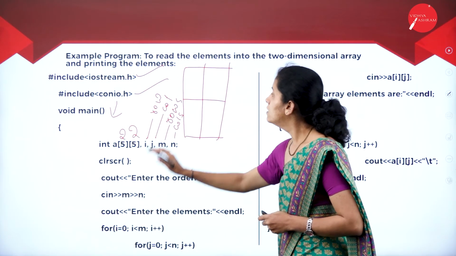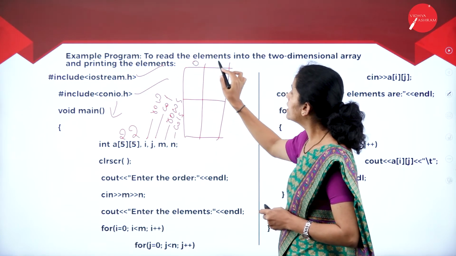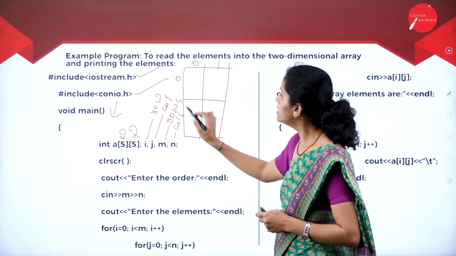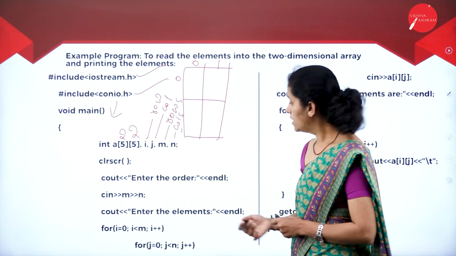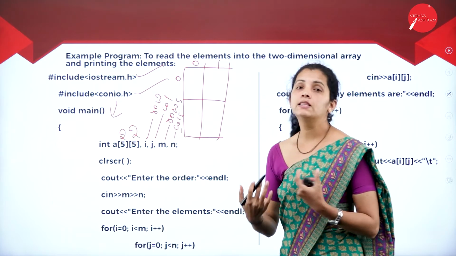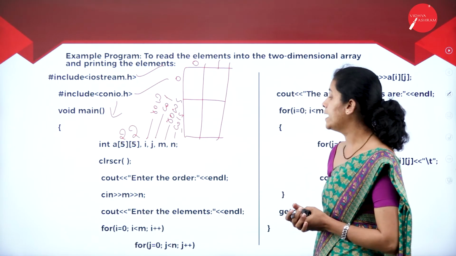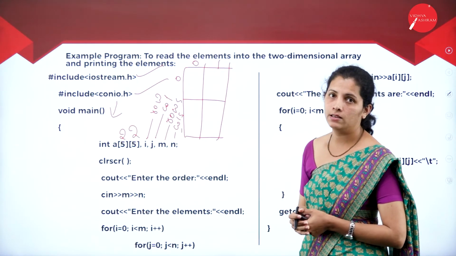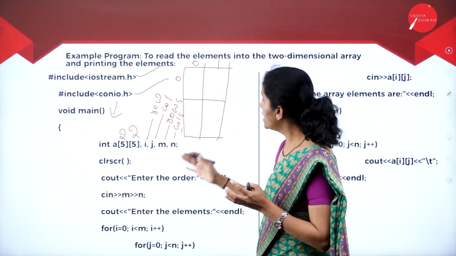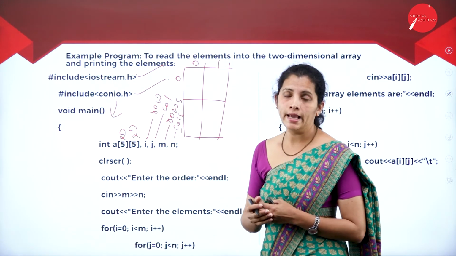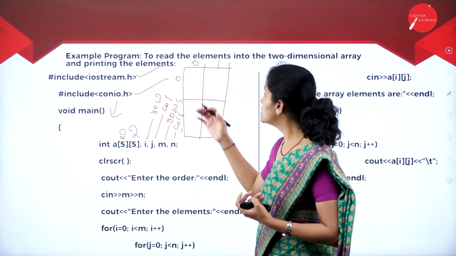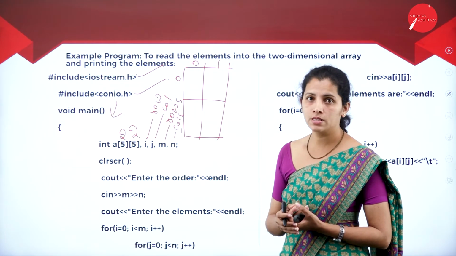Now for our reference, I'll write the index. It is 0 and this is 1. Now I'm going to display the message to the user to enter the element. Now I know the row index, column index, as well as row size and column size.